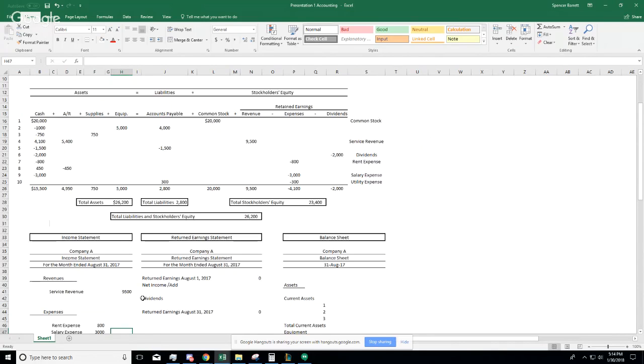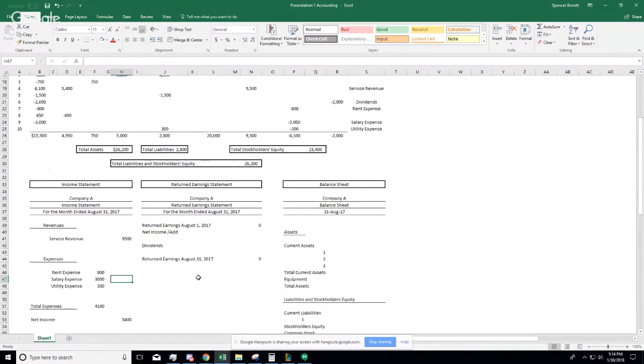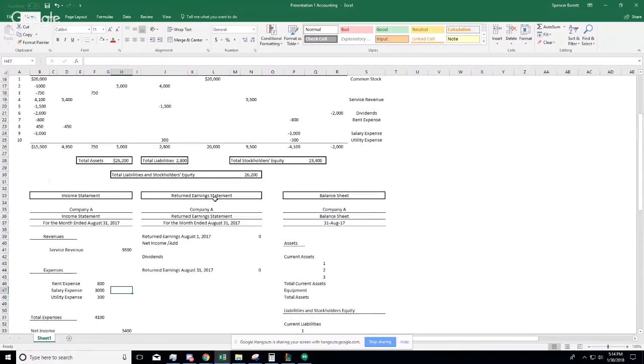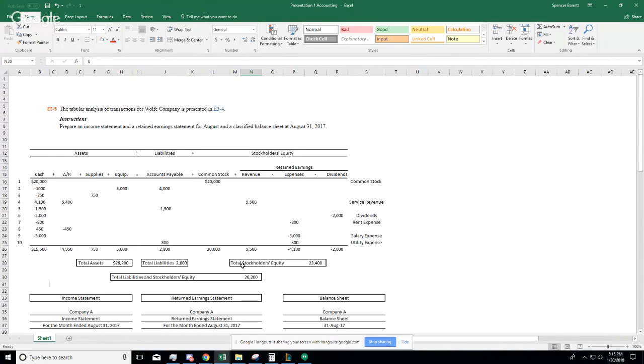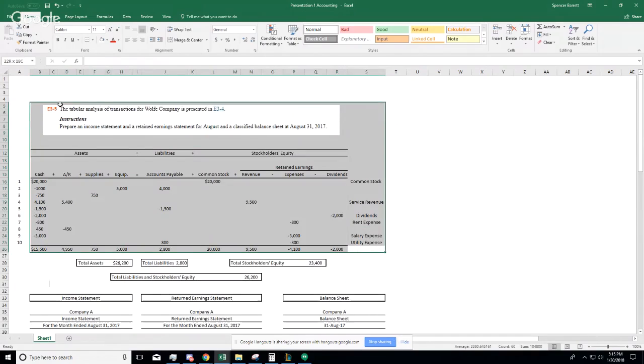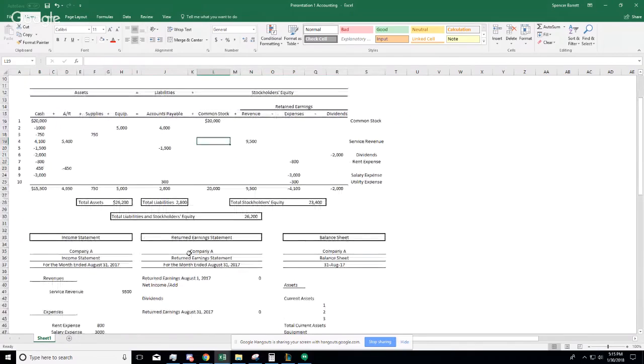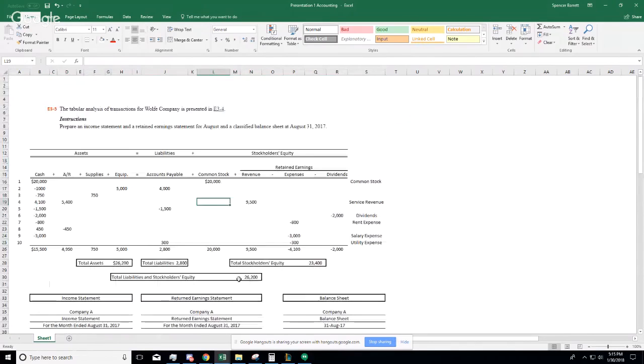The reason that you have to do all these in a row is because they feed into each other. So moving on to the retained earnings statement, again, Company A, retained earnings statement, for the month ended August 31st, 2017. Now, this did stump me for a little bit, but I looked everywhere I could for a retained earnings balance that we had on August 1st, so at the very beginning.